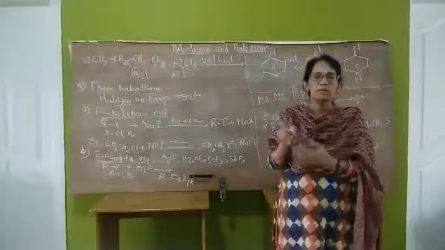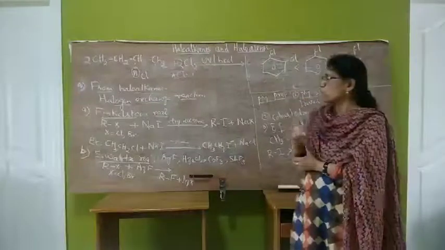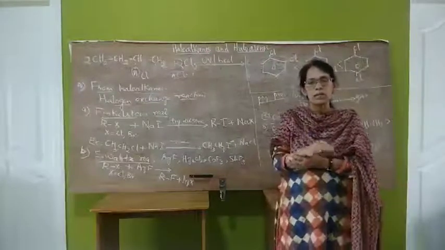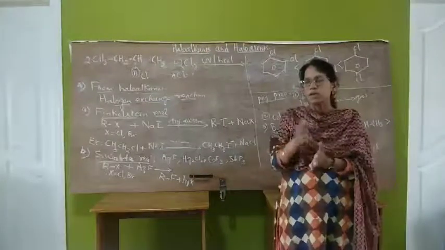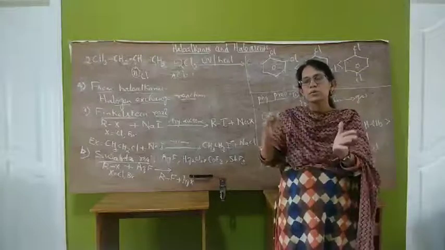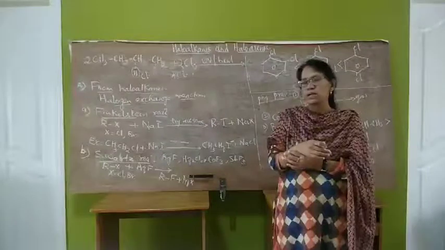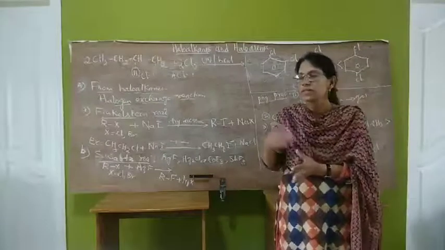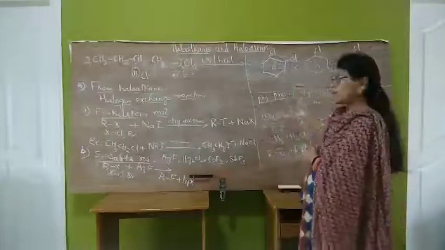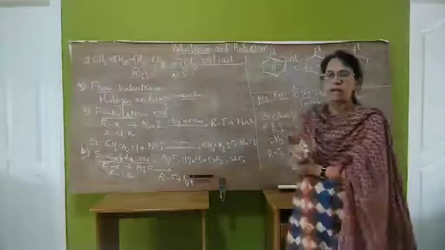Boiling point of haloalkanes is more than the corresponding alkanes. This is because haloalkanes are polar in nature. So between the molecules there is dipole-dipole interaction, which is strong. So they have higher boiling point than alkanes.